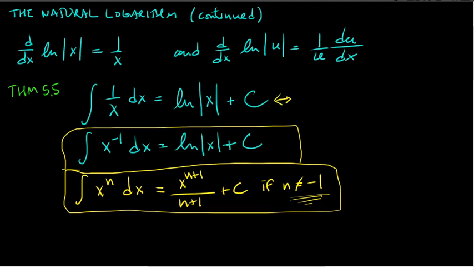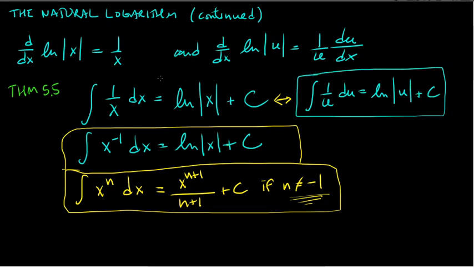If you have the integral of 1 over u du, that's just natural log of absolute value of u plus c. And you might think, well, isn't that the same thing? Just change x to u. Sure, same thing. But in this case, we're using u in case we need a substitution. Okay, so we'll see that when we do some examples.